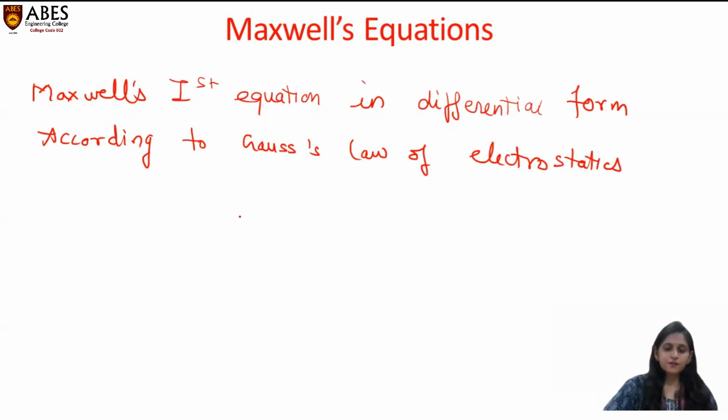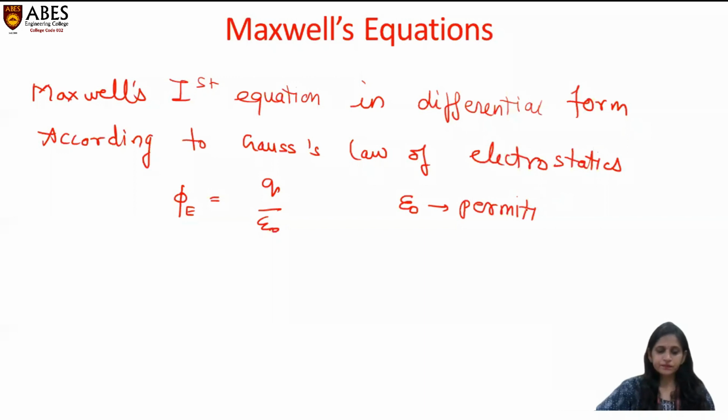According to Gauss's law of electrostatics, the total flux passing through a closed surface in vacuum is equal to 1 by epsilon naught times the total charge Q enclosed. So phi E is equal to Q by epsilon naught, where epsilon naught is the permittivity of free space.